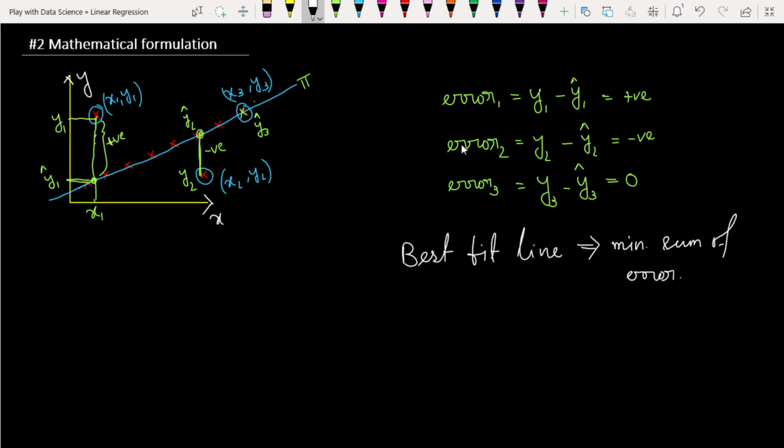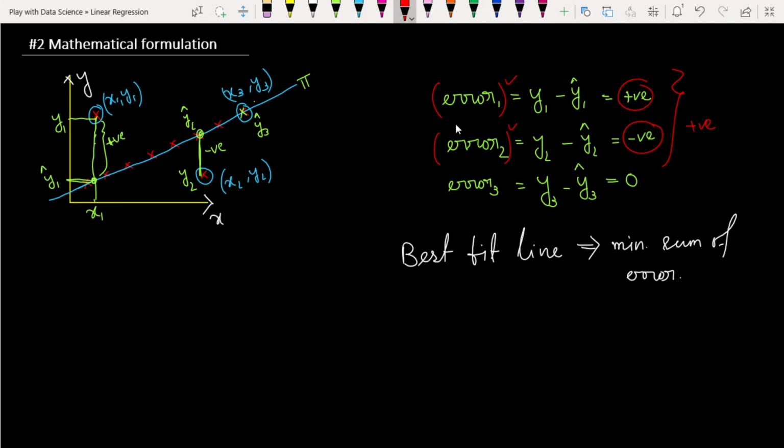So in such situations we have to use the square of this term, because we have to make every error positive. If we use the square term, positive stays positive and negative becomes positive. All the terms become positive if we use the square concept.